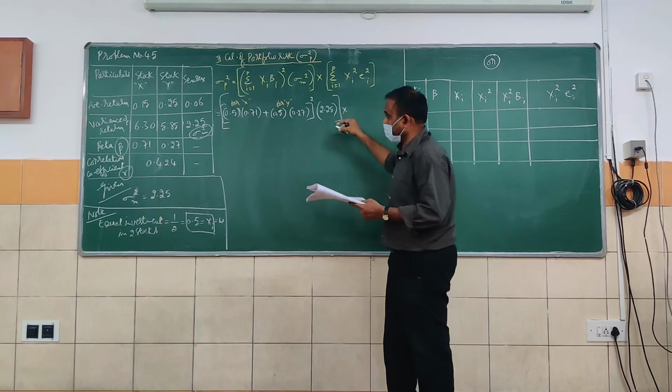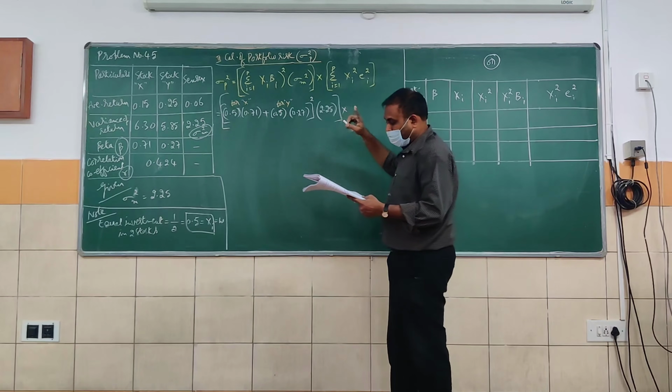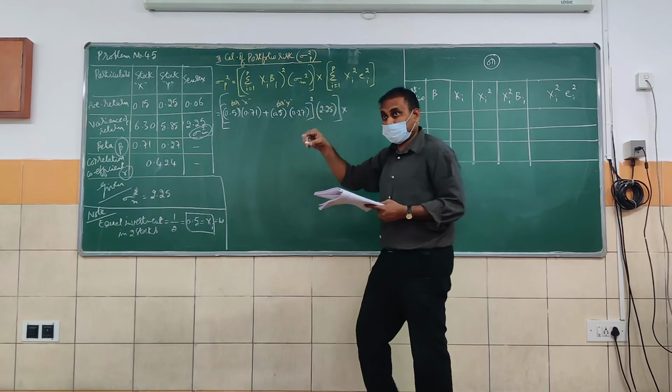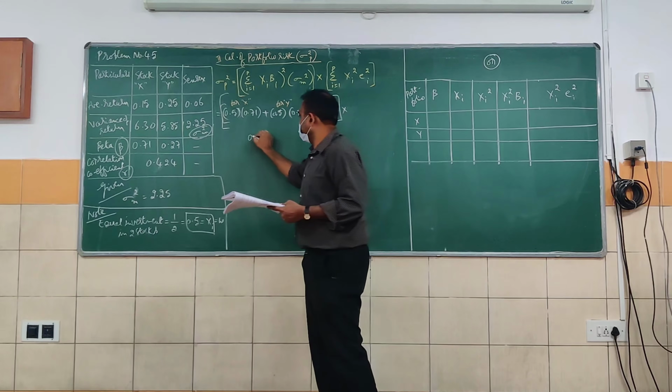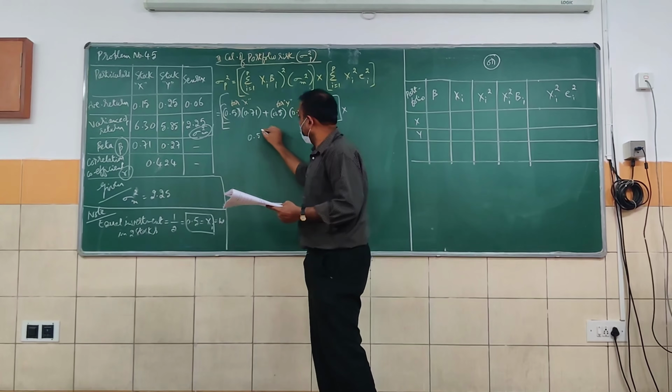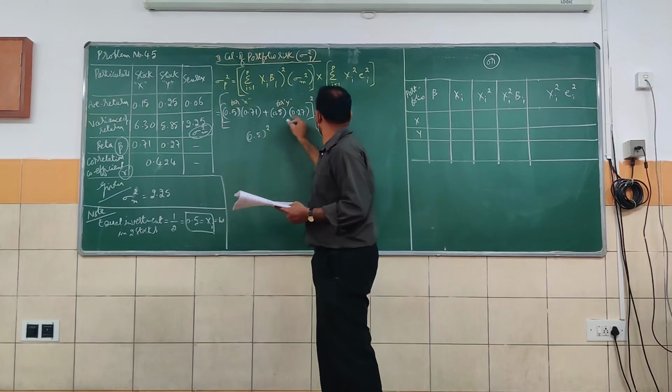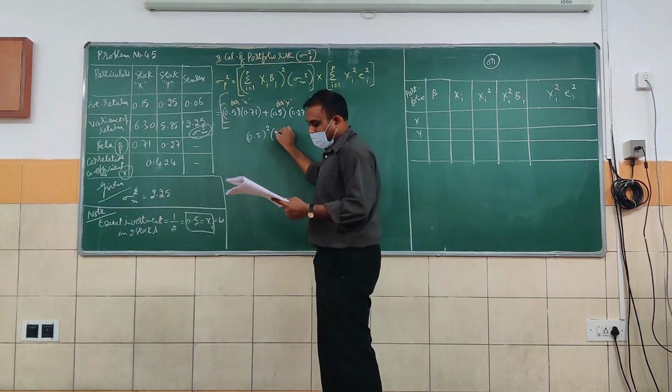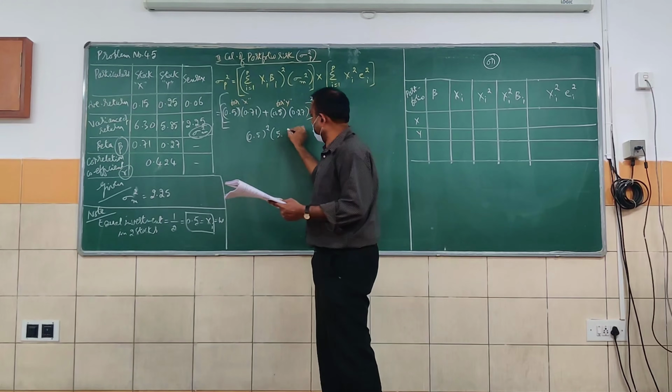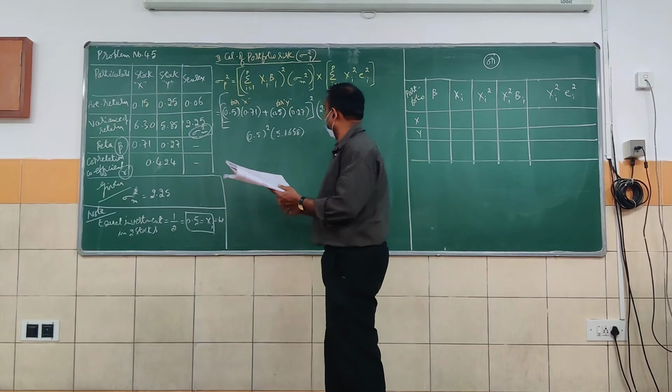So what is Xi square? Okay. For both again we have to substitute. For both, 0.5 square. What is the Ei value for that? 5.1658. Correct now?